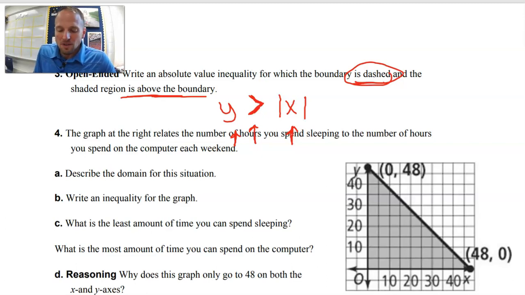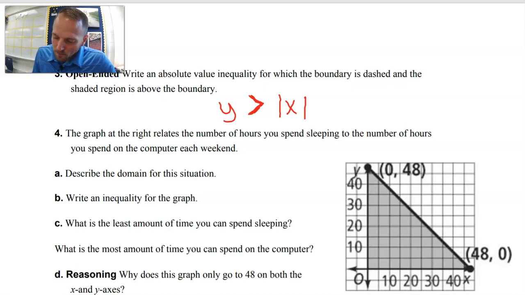Just make sure you have these basic components. That's an absolute value inequality, and the boundary is dashed because there's no equal sign down there. That equal sign doesn't exist. And it's above because it's greater than. Okay, so we've got that.